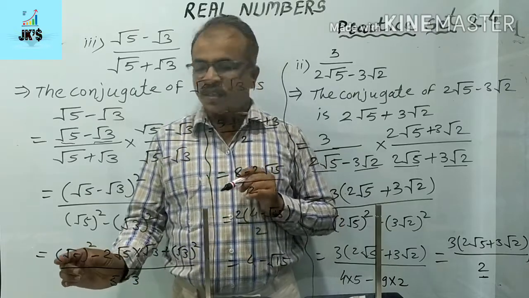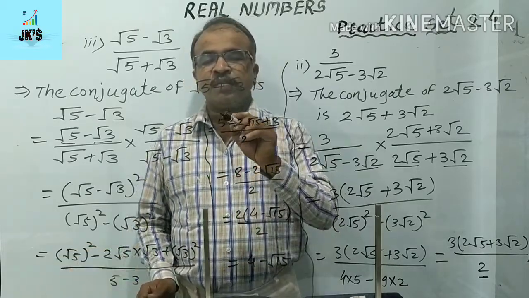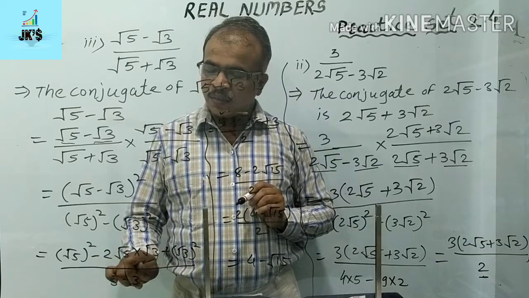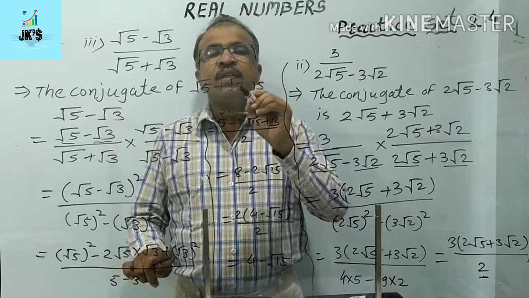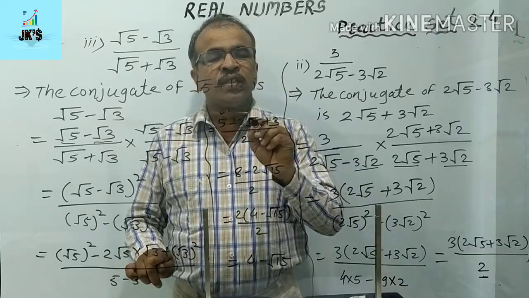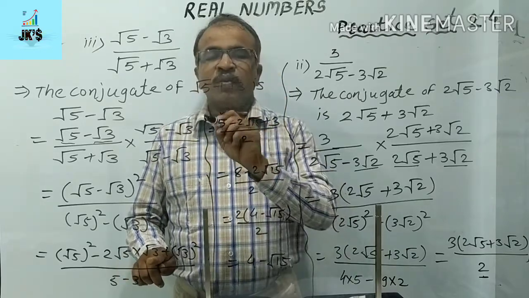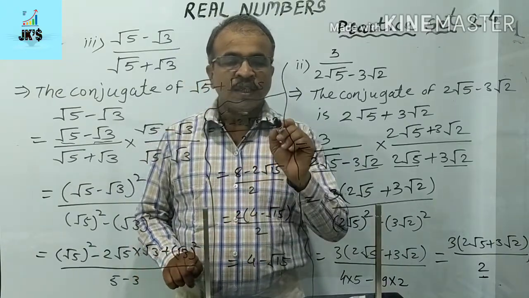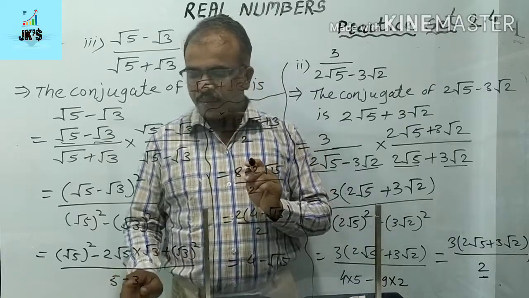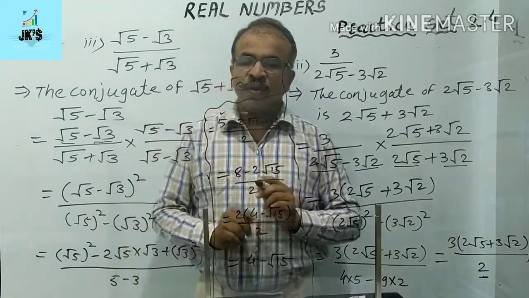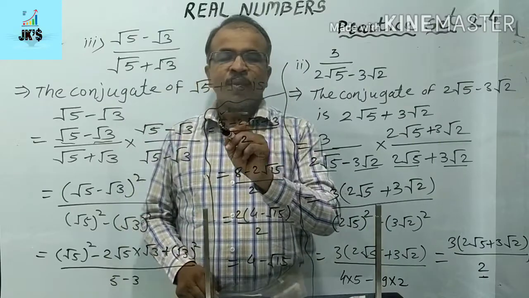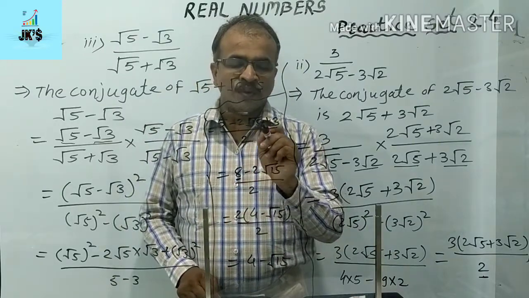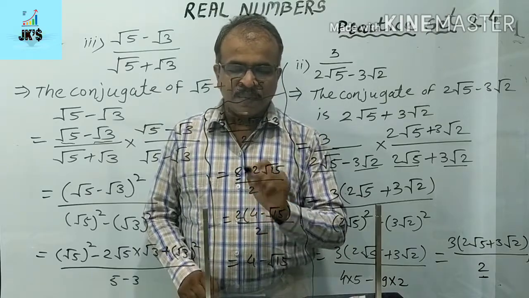So we expand this. Square of root 5 is 5 minus 2 into root 5 into root 3, that is root 15, plus square of root 3 is 3, divided by 5 minus 3, which is 2. When we see this, 5 plus 3, 8 minus 2 root 15, divided by 2.